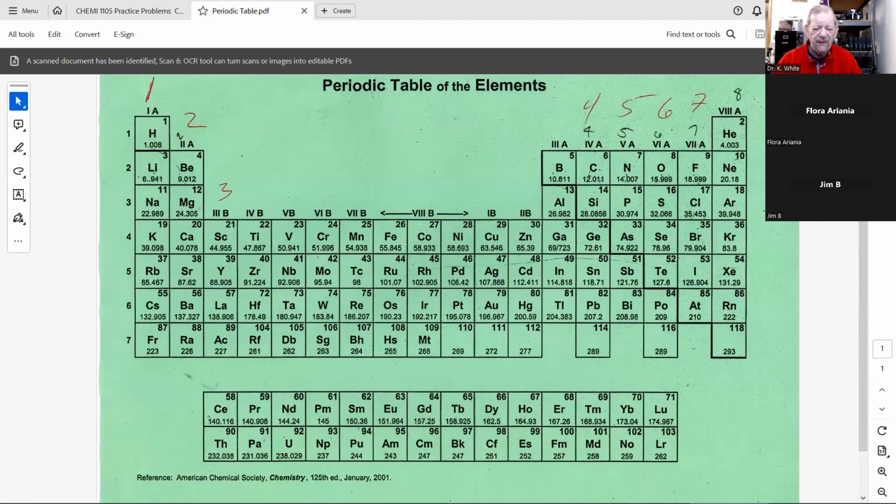Just to remind you, underneath the chemical symbol on this periodic table, which you'll be given for test number 3, notice I have 15.999. Round that off to 16, with 3 significant figures, 16.0, and that's the atomic weight of oxygen.